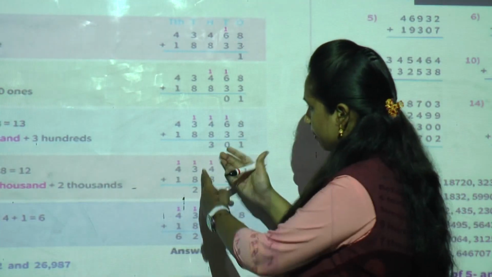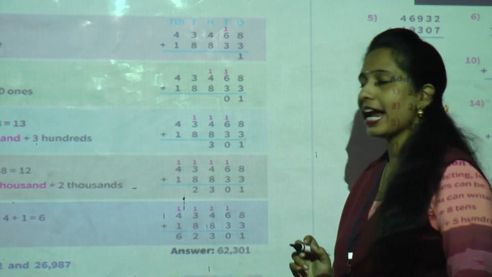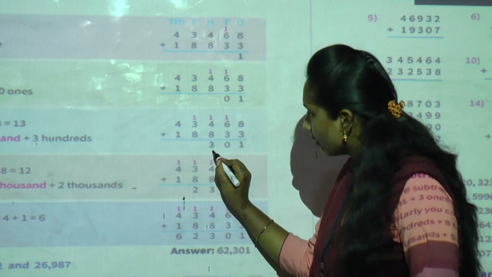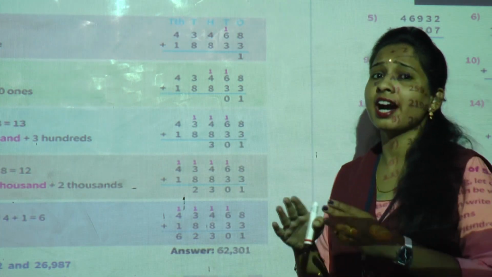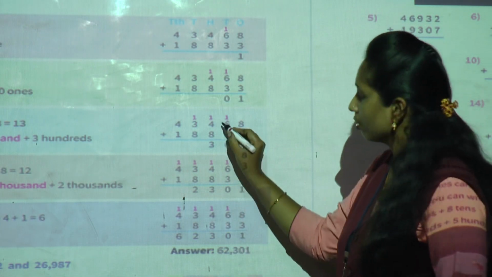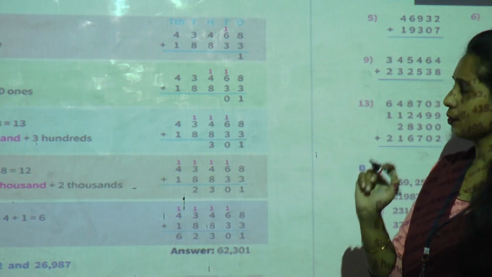Now the hundreds place: 1 plus 4 is 5, 5 plus 8 is 13, so 1300. 3 we write on hundreds place and 1 we carry to thousands place.